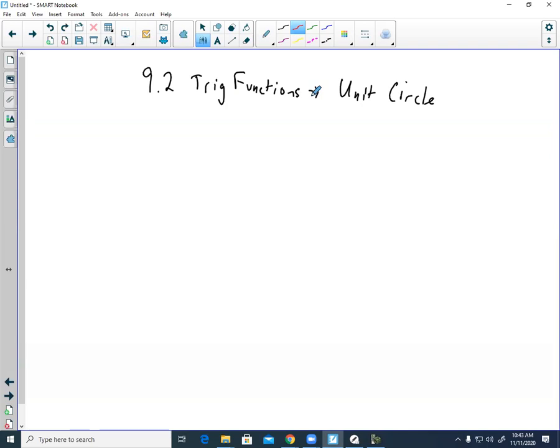Before we get into the unit circle, I just want to make sure that we remember what's going on with certain things. If we look at a geometry type question, if I gave you a triangle that looks like this, and I said that this was 45 degrees and this was 45 degrees, and I said that this side was 1. If we know that each of these angles are congruent, that makes these sides congruent to each other as well, right?